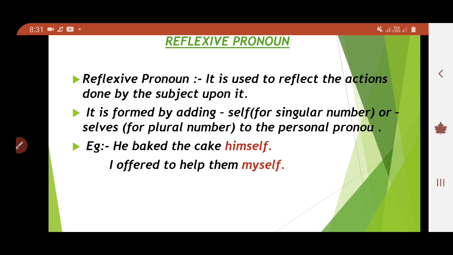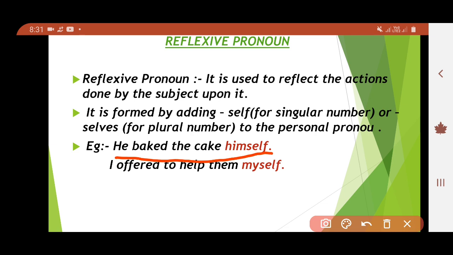So, the reflexive pronoun is such a pronoun which is used to reflect or to show the actions done by the subject upon it, and it is formed by adding self for singular number or selves for plural number to the personal pronoun. Let us look at the example. He baked the cake himself.